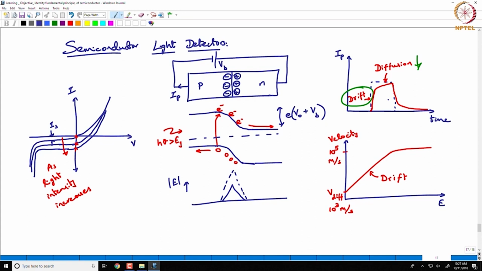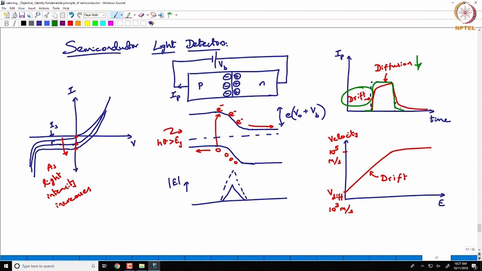Then you have the slower charges coming out, the ones going through diffusion, which have a slower time constant and come later. And what we have fixed with the PIN structure is that now you can get a response something like this.